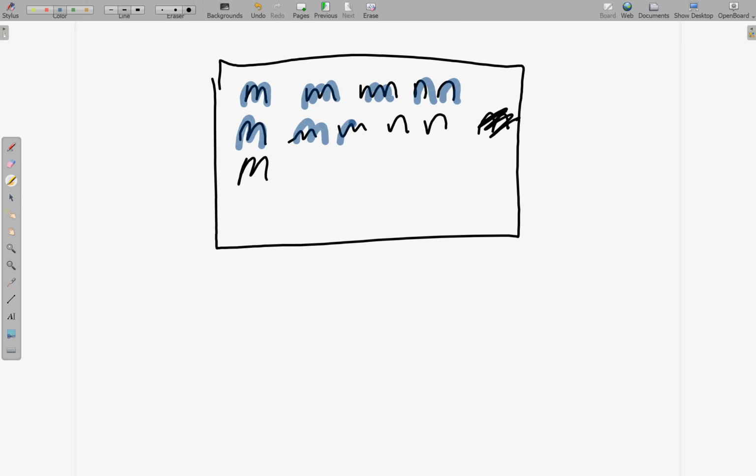Metal, metal, metal, non-metal, non-metal. Wait, now I got another metal. No, I'm going to put it over here. Metal, metal, non-metal, non-metal, and so forth and so on. And so what he did, when he realized that there was a pattern, is the breaks from one row to the next row were based on chemical properties.